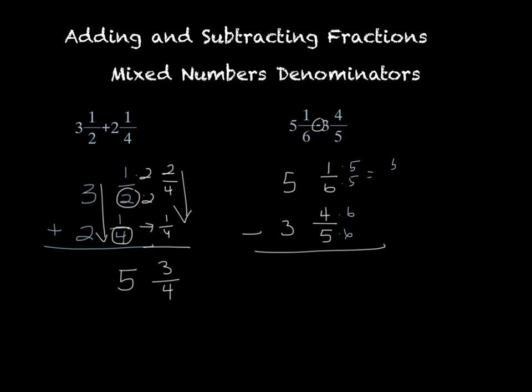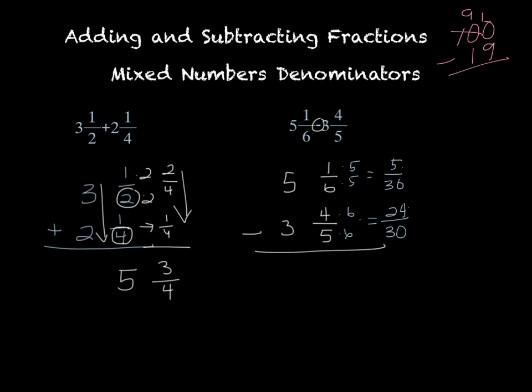So this is going to be 5/30. This one is going to be 24/30. Oh, wait. We can't do that, can we? We can't have 5 and take 24 from it. This is where it gets tricky. We now need to borrow, just like when we borrow with 100 minus 19, where we have to borrow, make this 9, make this 10 to do it.